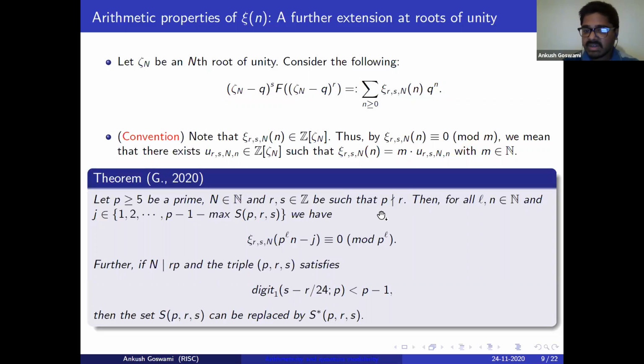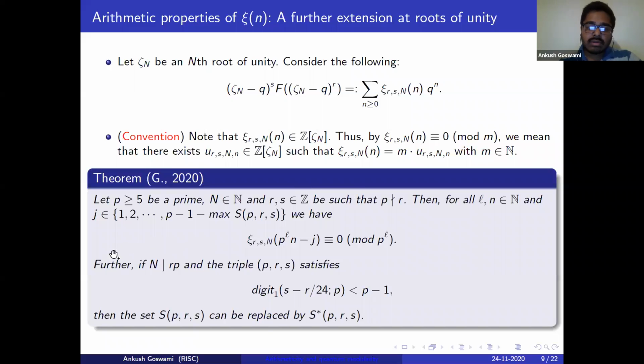Then for all natural numbers l and j in the set consisting of elements from 1 all the way up to p minus 1 minus the maximum of that, we have these congruences for the generalized Fishburn numbers xi r s N modulo p to the power of l. So this is the first part of the theorem.